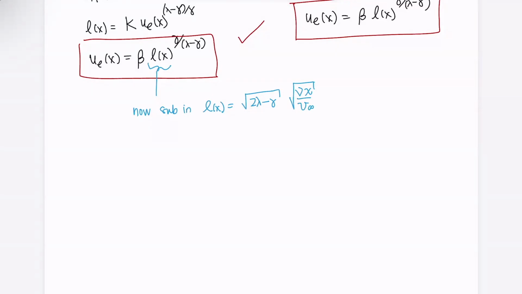So that means we have u_e of x equals beta times the square root of 2 lambda minus gamma, square root of nu x over u infinity, raised to the gamma over lambda minus gamma. And reminder, beta is a constant.